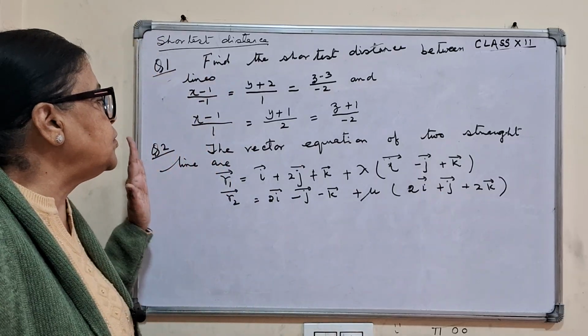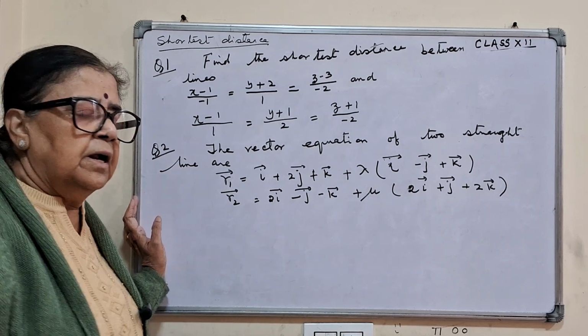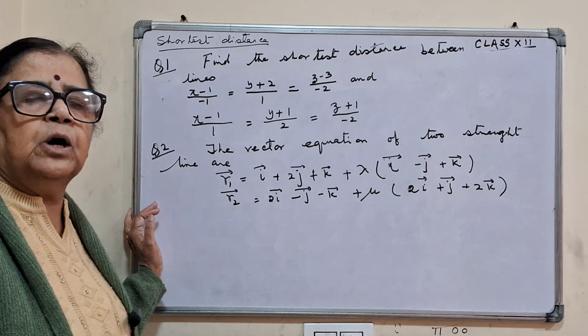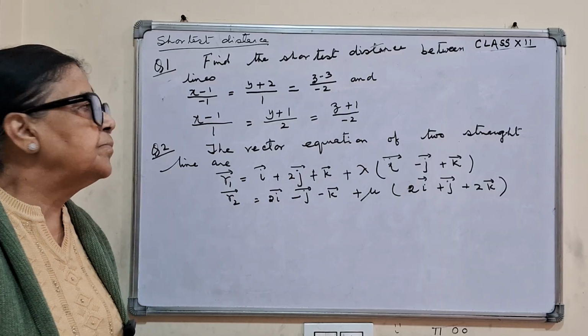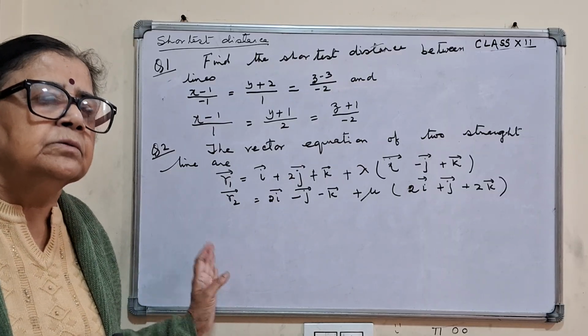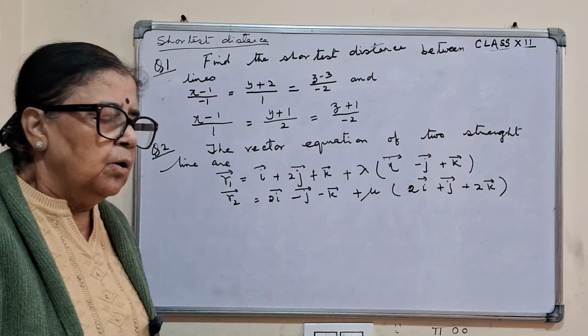So these are the two sums. You try. If you cannot, write in the comment section and I will solve your sums. This is easy, so use the formulas only.